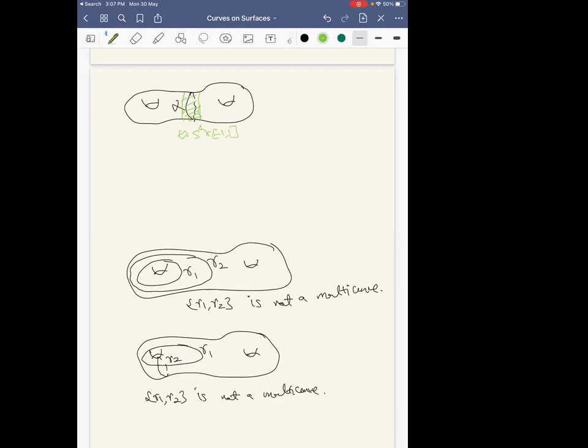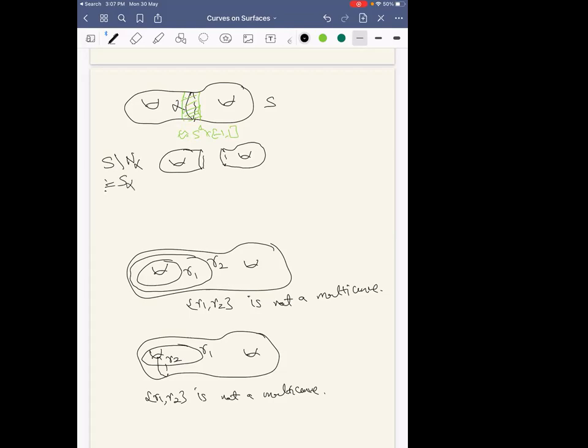You can assume the core curve is alpha and just remove it. Suppose this is your S. You simply remove this N alpha from it, so you get this cut surface. So this is S alpha.